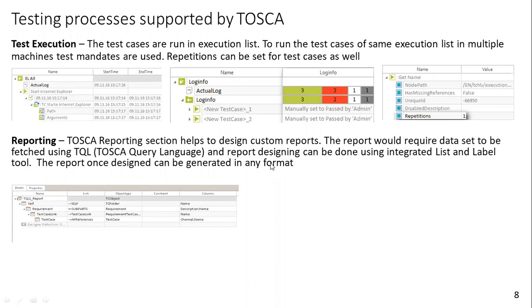And how are the reports created? By the List & Label tool, which is integrated within Tosca. You can download the report in any format because it allows multiple formats like PDF, Excel, Word document, and so on.